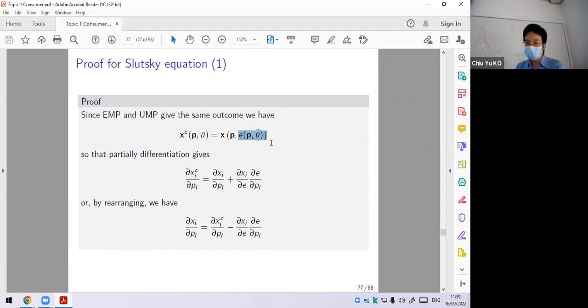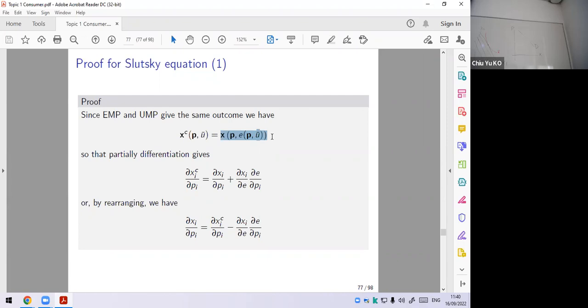So what I'm going to do is differentiate this equation with respect to price. The Hicksian demand only has price, but for the Marshallian demand you have two elements with price, because when you change the price you change two things. First, you change your first argument, which gives you this guy. Second, you change your income as well. So you differentiate this and this by the chain rule: first argument here, second argument here.